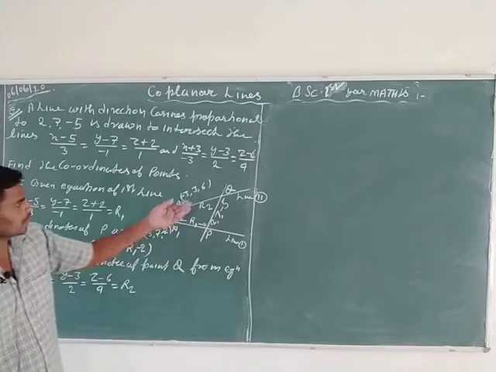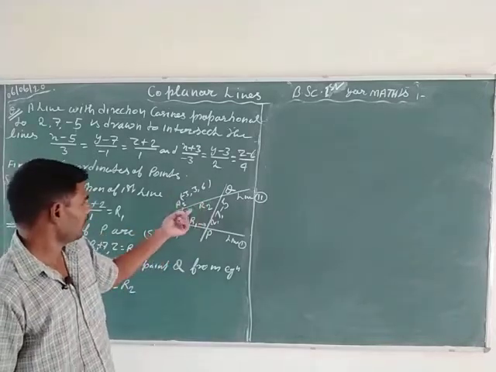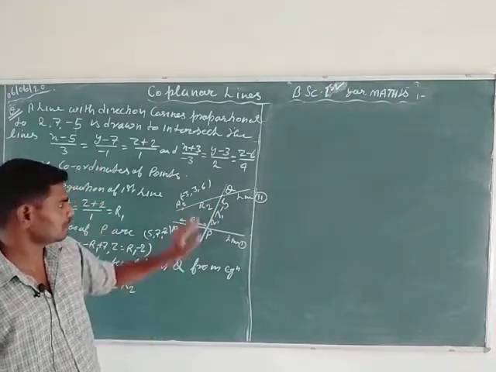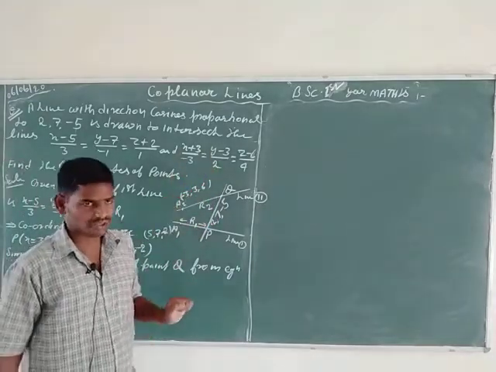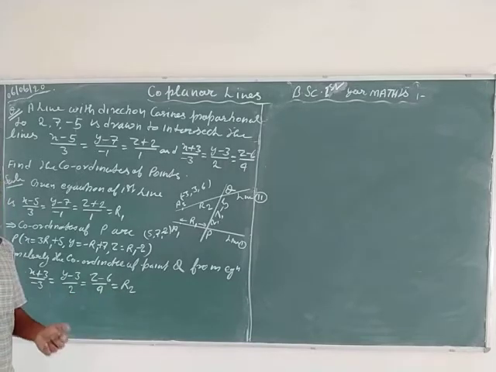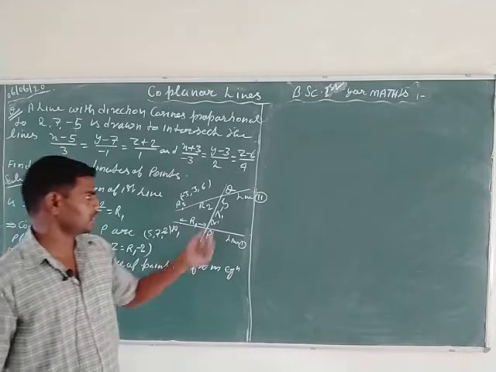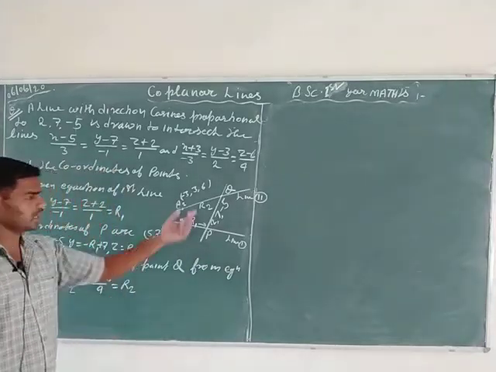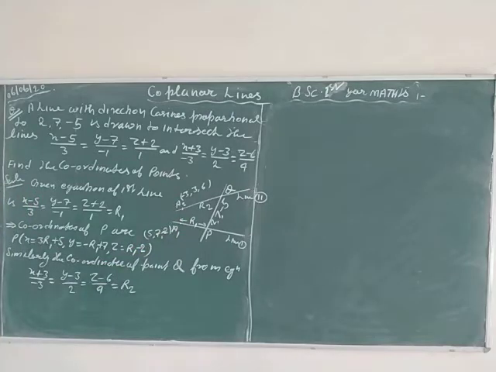From the figure, R2 is the distance between A2 and the intersecting point capital Q. Taking the first and last ratio, find the x coordinate of Q, and taking the second and last ratio, find the y coordinate of Q. Similarly, you can calculate the z coordinate of Q easily.